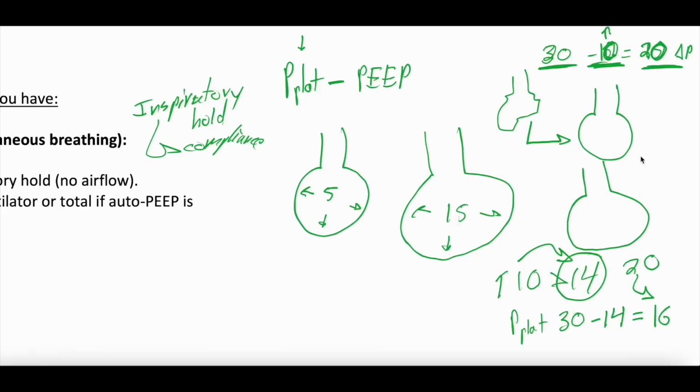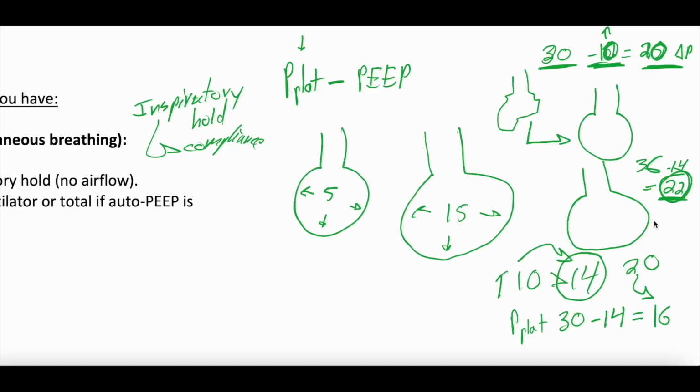And that plateau pressure is probably 36 now. So if I do a driving pressure now, 36 minus 14, that driving pressure is now 22. It got worse. It went up. And that tells me that that PEEP change is just over-distending alveoli. It's causing more barotrauma. It was the wrong thing to do, if that makes sense.